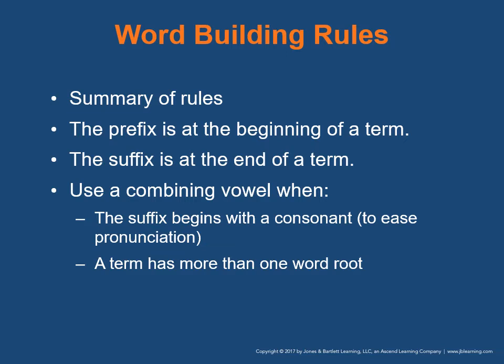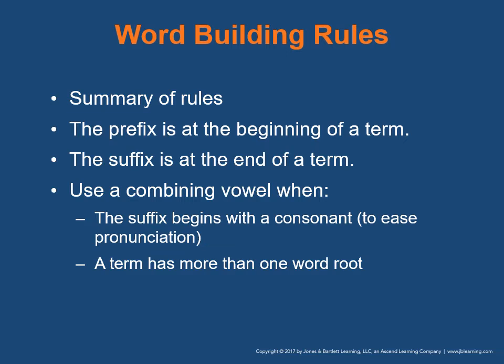Summary of rules. Word building rules. When building or taking apart a medical term, it is helpful to understand some basic rules. The following summarizes the rules covered thus far. Okay. The prefix is always at the beginning of a term. That's where you get the pre from, the beginning of the term.